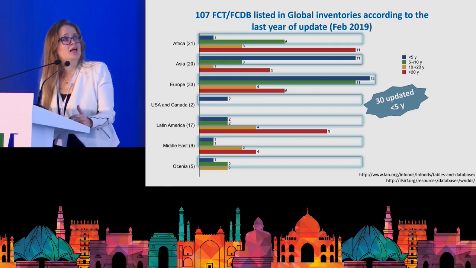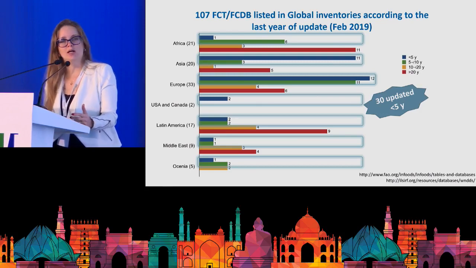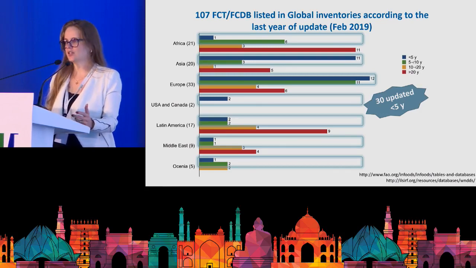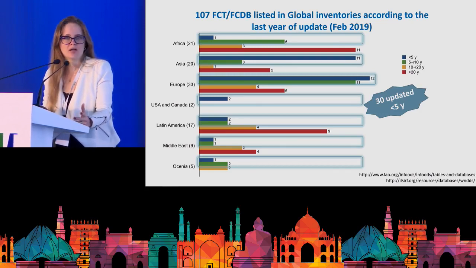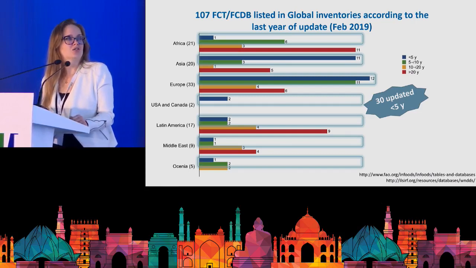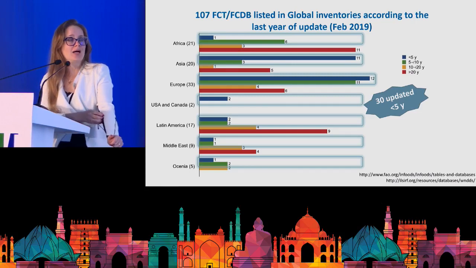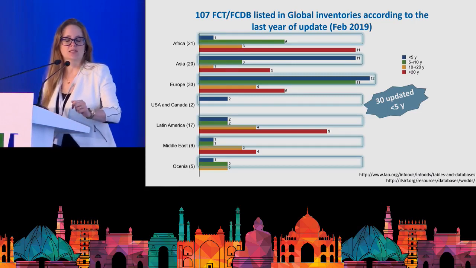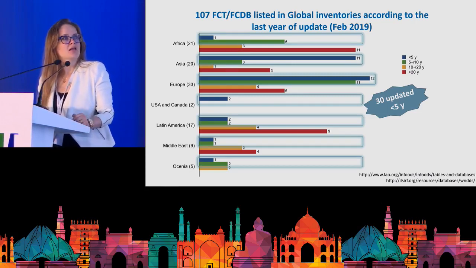And we have about 30 food composition tables that were published or updated in the last 5 years. So countries are aware, some countries are trying to improve the quality of the food composition data available.